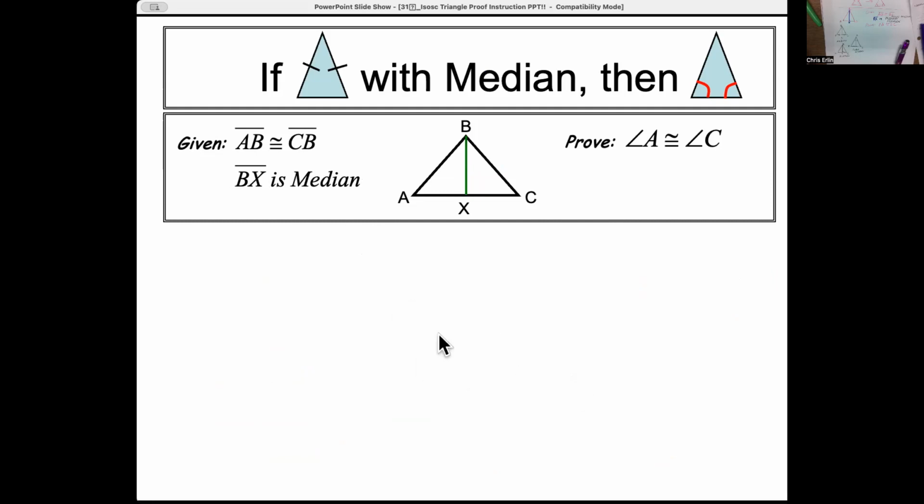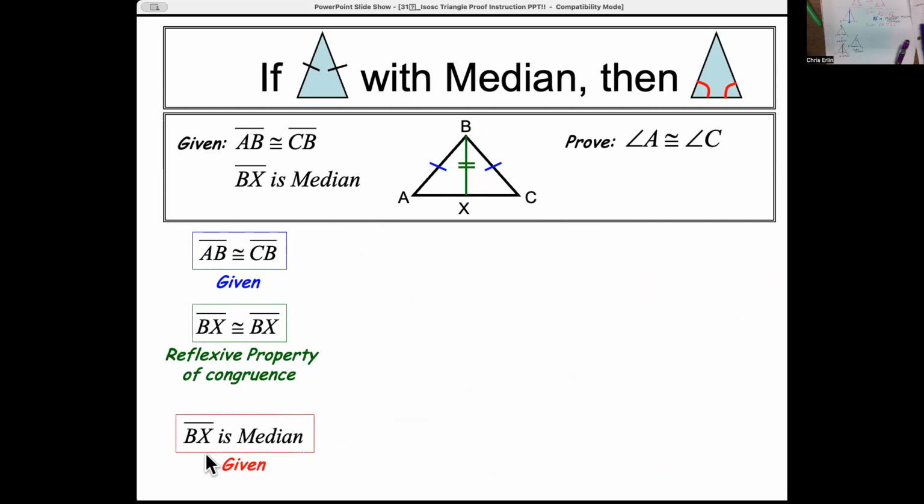How's this one going to be different? Still given, still reflexive, and still median. I've got my 2 facts. What do I do to make this a usable fact? Define what a median is. Well, a median means it goes to the midpoint of the opposite side. Goes from B to X, which is the midpoint. That doesn't really help me yet. What else should I define?